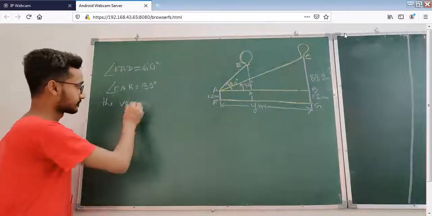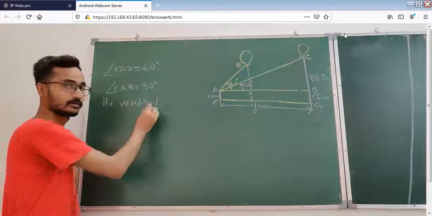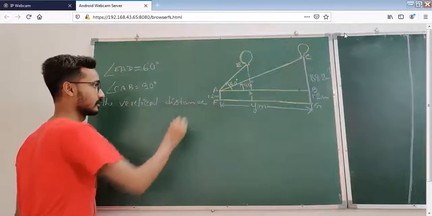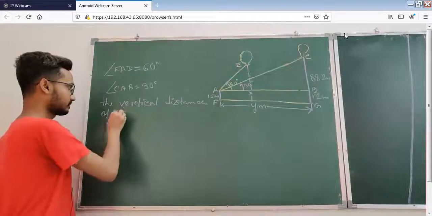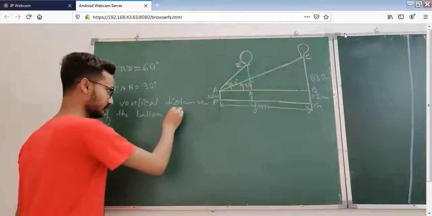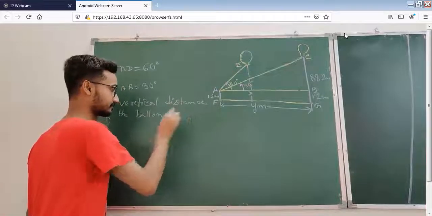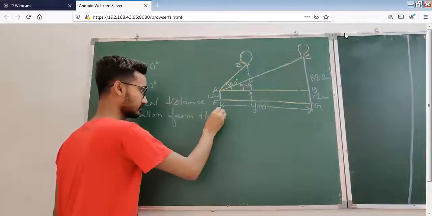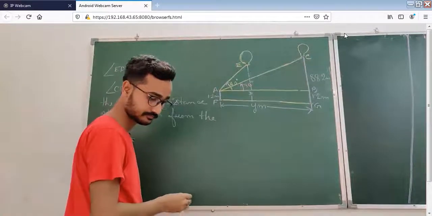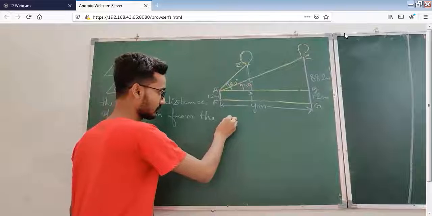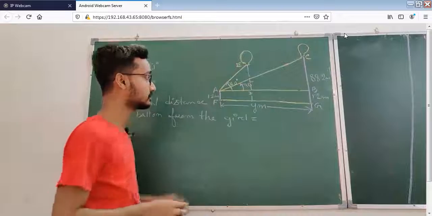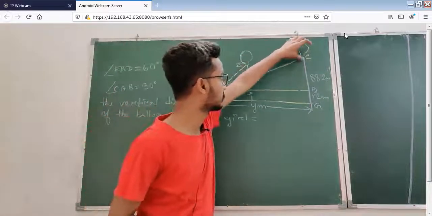The vertical distance of the balloon from the guard equal to your... Now see, if you join this one, it will also be a rectangle.